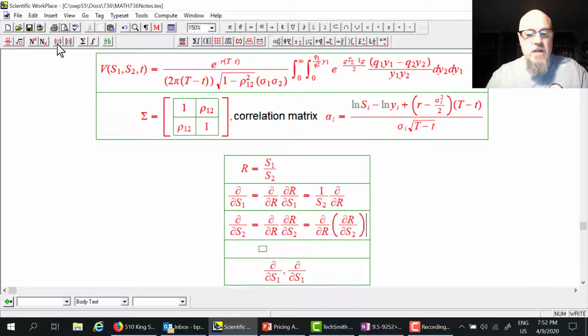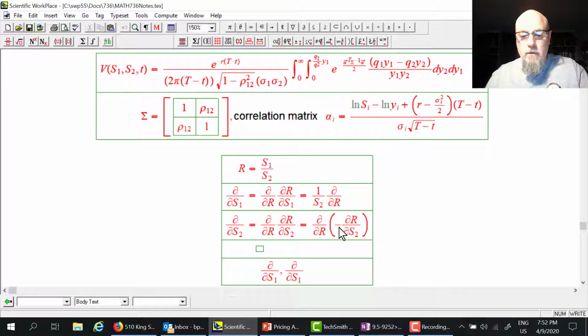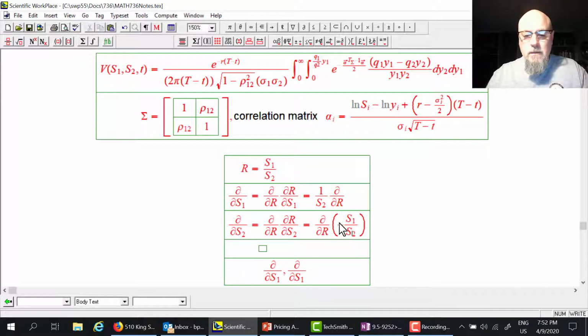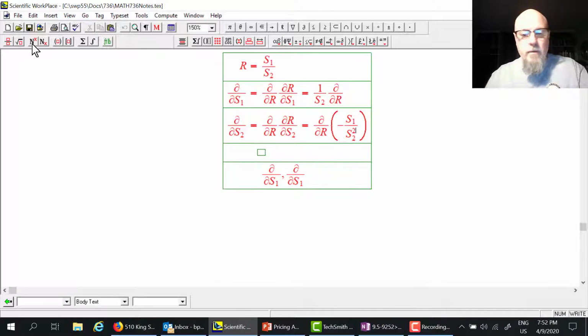This is going to change into a negative S1, that's the constant, over S2 squared. This is going to look funny, S2 squared, there's a 2 on the top and a 2 on the bottom, but the top one is a squared piece. And let's put that on the outside then.